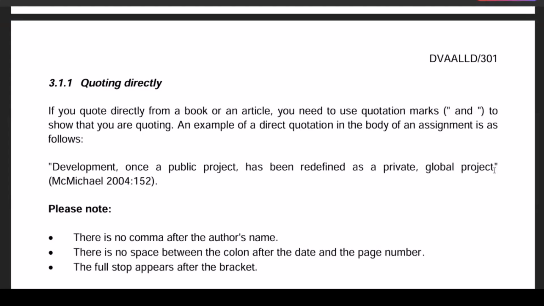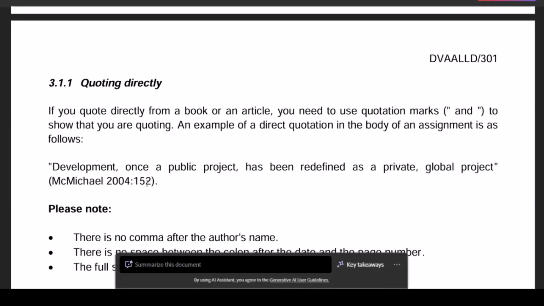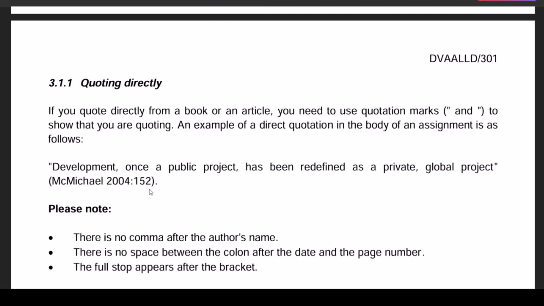This was not paraphrased. It came as it is. That's why it's inside the quotation marks. That's what you must do as well, né? And then at the end here, you cite the source, you include the year, and then 152, which is the page. Another thing that I can advise you, né?